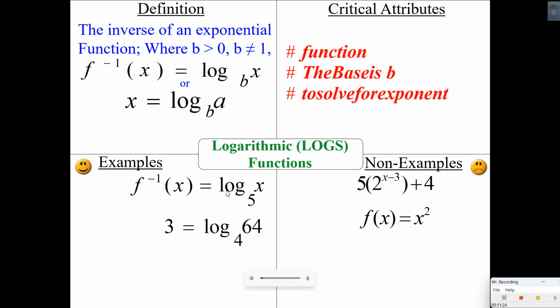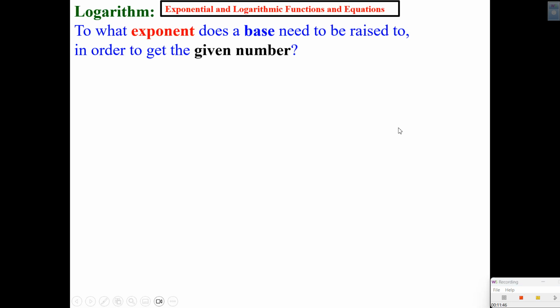Because mathematicians found that we've been solving equations involving variables, but usually the variable is the base. However, when it comes to solving for the variable being in the exponent, they needed to figure out a way of doing that. So that's why they figured out logarithmic functions, known as logarithms.